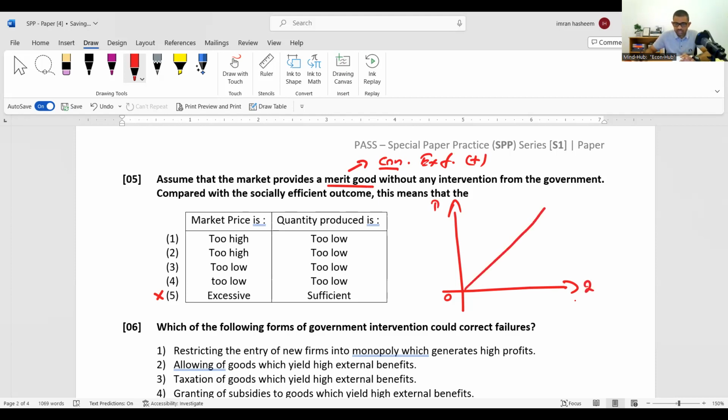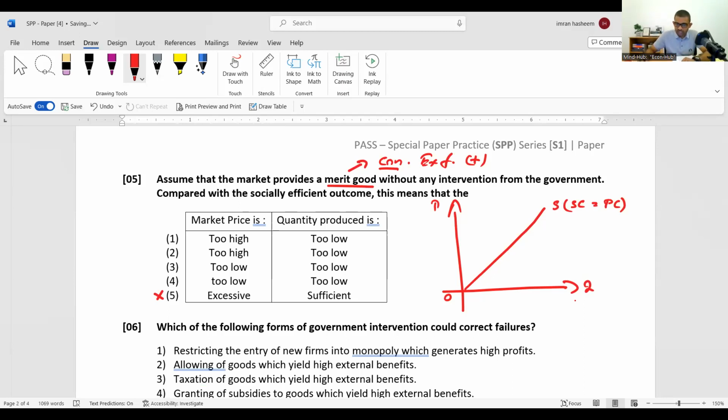So I'll have a standard supply curve and I'll call this supply, which is basically social cost equals private cost, because there are no external costs. We assume on the production side, there are no externalities.